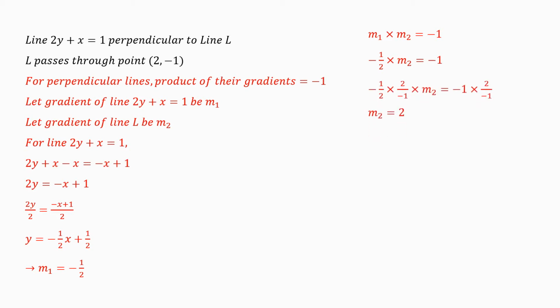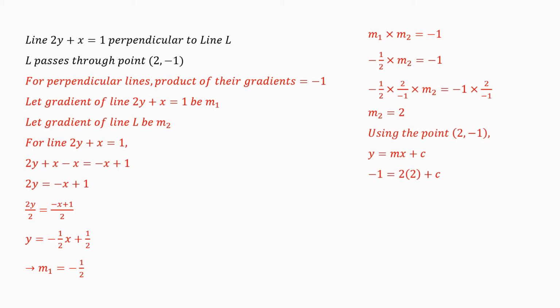And so our m2 is equals to 2. Then using the point that we have been given for line L, that is 2, negative 1, and the equation of the line form y is equals to mx plus c, we can substitute the values of y, m and x to find the value of c.